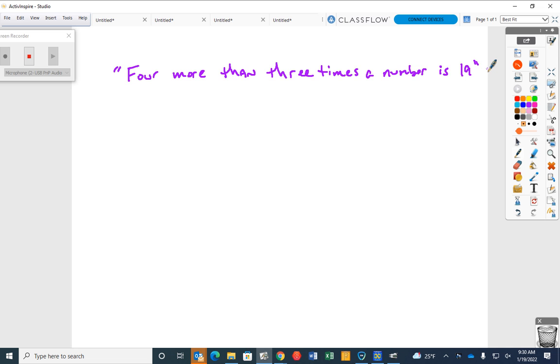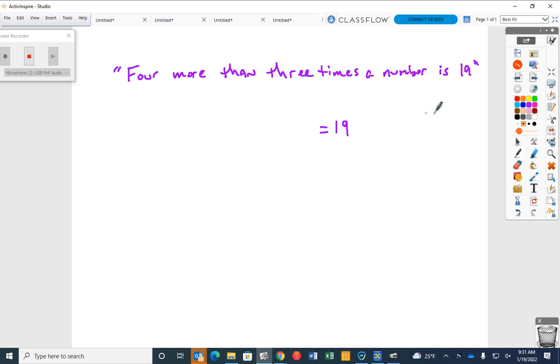Write that sentence down, and then we're going to translate that into an equation. Now let's look for some things here. Do we have an is up there? Remember, is is our equal sign. And that says is 19, so we can start with saying equals 19.